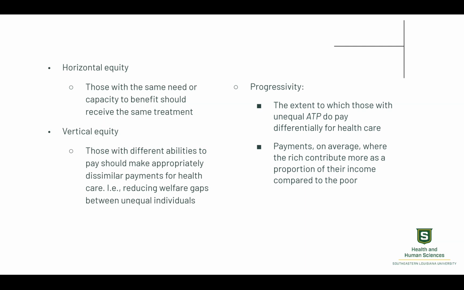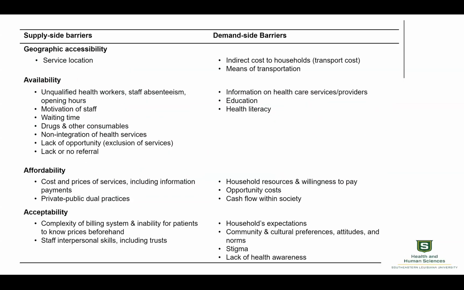If you have a situation whereby everybody pays a flat payment, that is not equity, because one person can make this payment and it's not going to impact their life so much, and another person makes this payment and they're not able to pay rent as a result. So you have to consider that when having conversations about vertical equity.